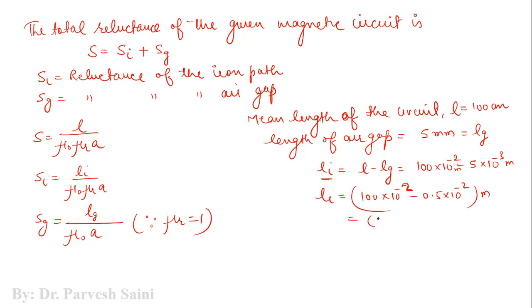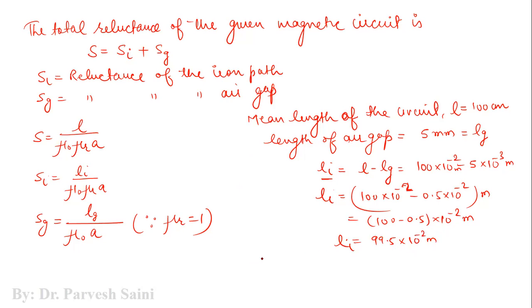We can write it as 100 minus 0.5 into 10 raised to the power minus 2 meter, so this would be 99.5 into 10 raised to the power minus 2 meter. This is the length of the iron path.